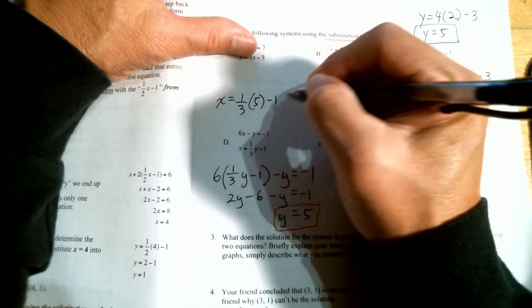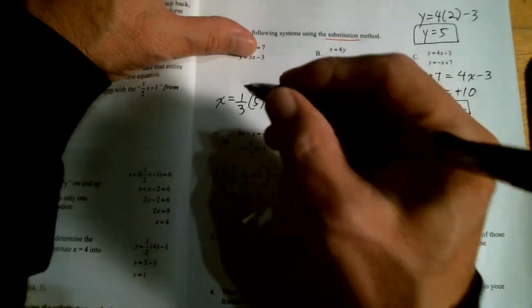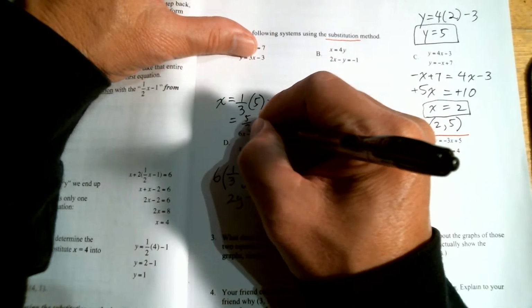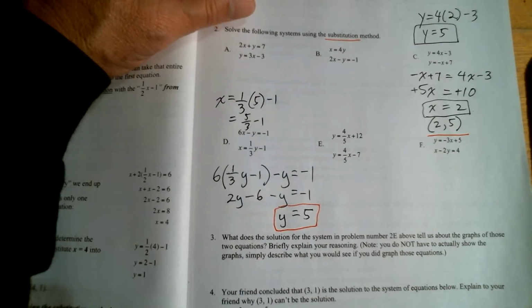Minus 1. Okay. So what does that equal? 5/3 minus 1. Okay.